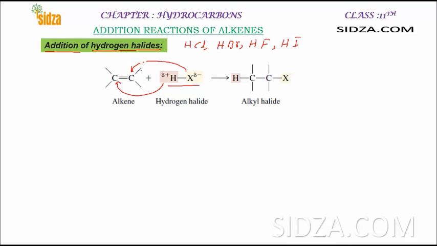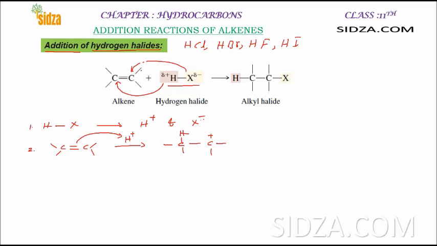First, the hydrogen halide will dissociate into H plus and X negative, right? In the second step, it is the attack of the electrophile on the carbon-carbon double bond. The electrophile here is the H plus, so it will attack on this one, and you get a carbocation as an intermediate, right?